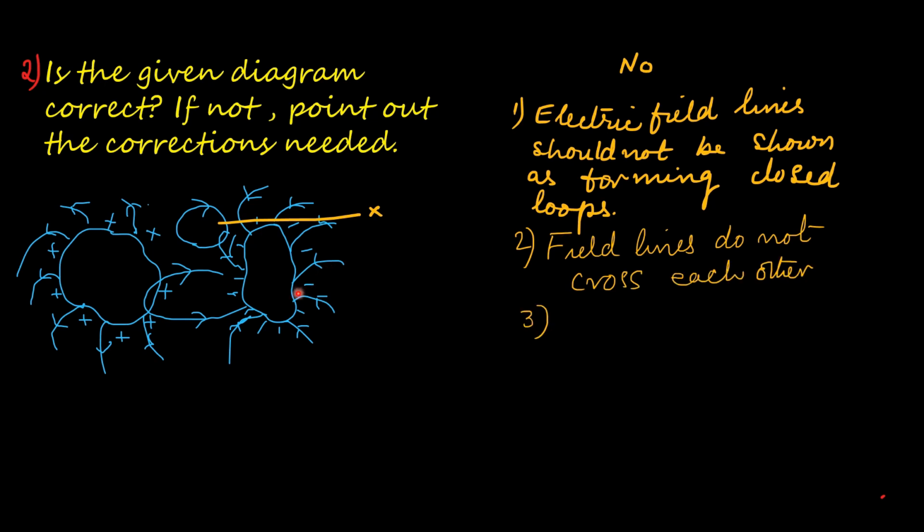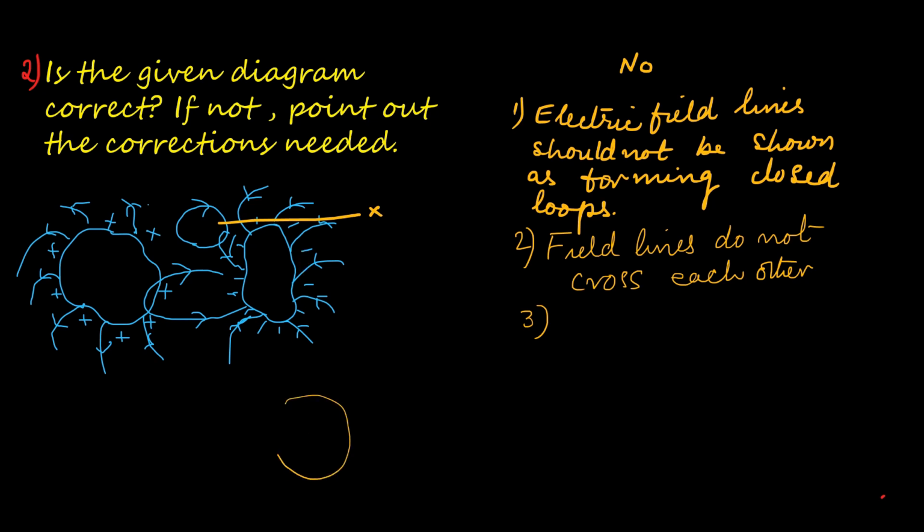Another striking defect is that the field lines are shown inclined to the surface. Field lines are perpendicular to the surface. They are curved, of course, but they start perpendicular to the surface and then curve, because the concept of field lines is in 3 dimensions.